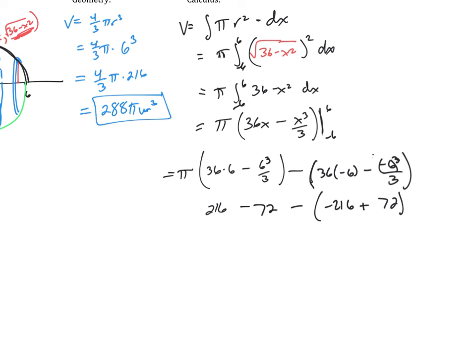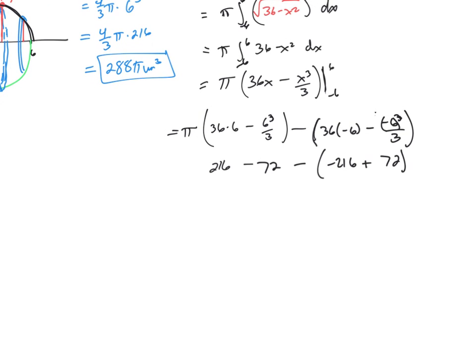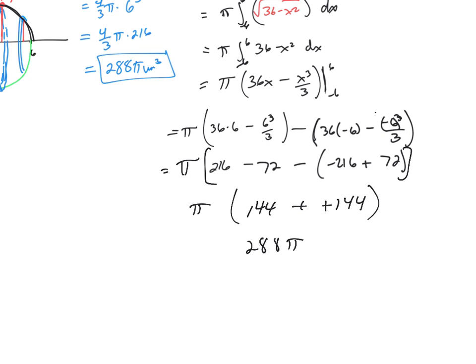That's inside the parentheses. Pi times all of that, so I'll just have pi with my answer at the end. So 216 minus 72 is 144, and minus, this is going to be a negative 144. Giving me that same answer of 288 pi.